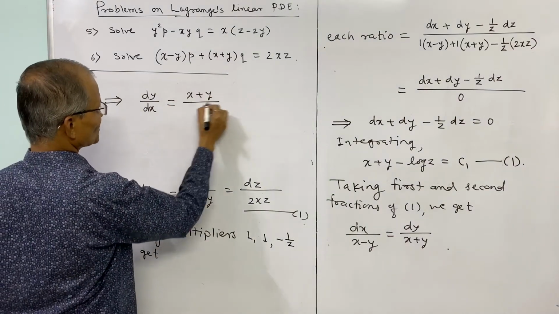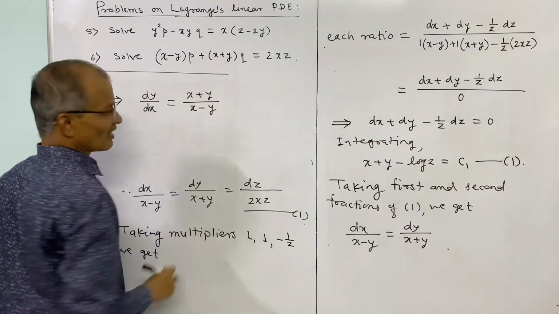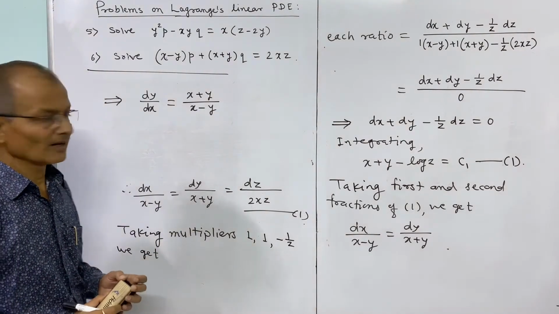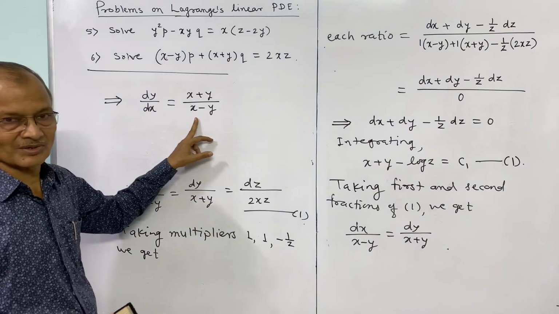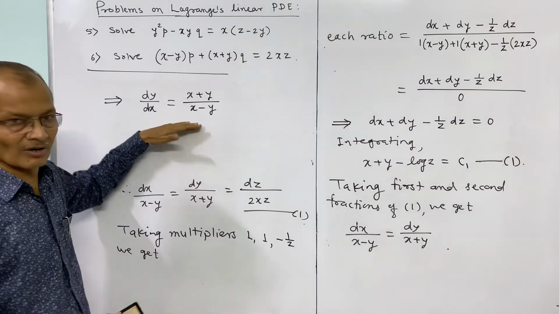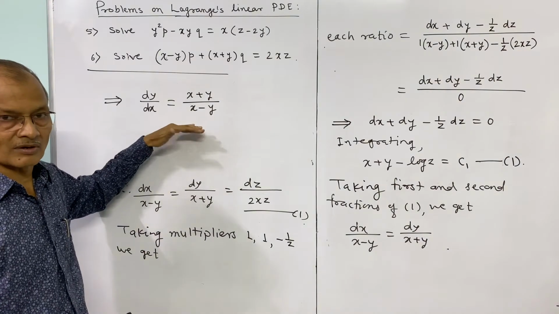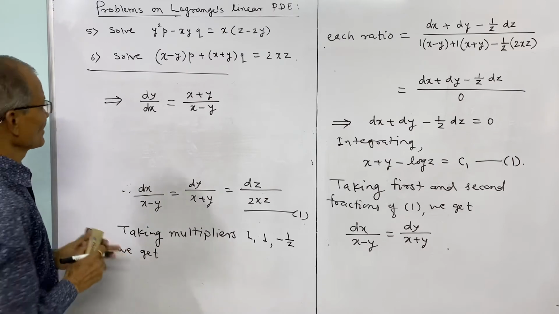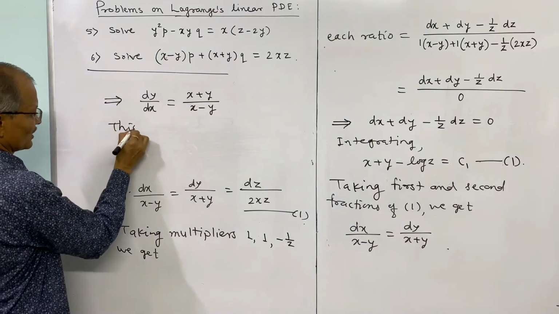And what this shows, we have studied these equations earlier. This is a homogeneous ordinary differential equation of first degree. And what is the method for this?